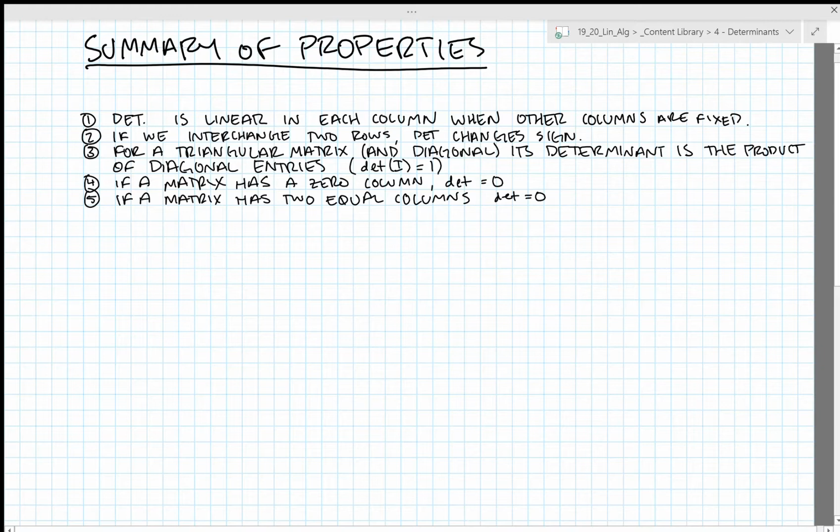Yeah, there's a lot of properties here, I get it. Okay, so 6: if one of the columns is a linear combination of two other columns, the determinant zeroes out.